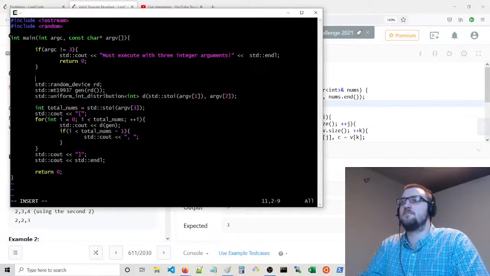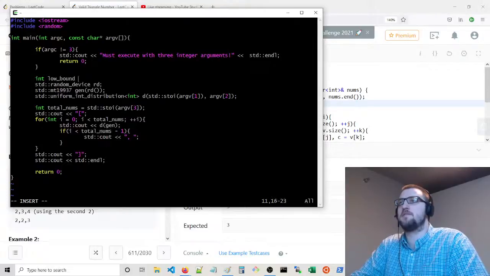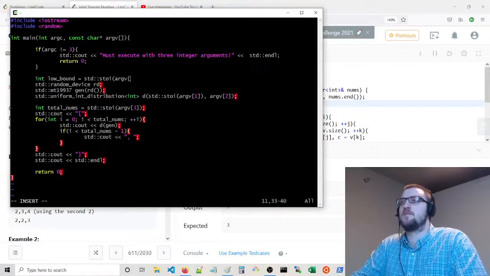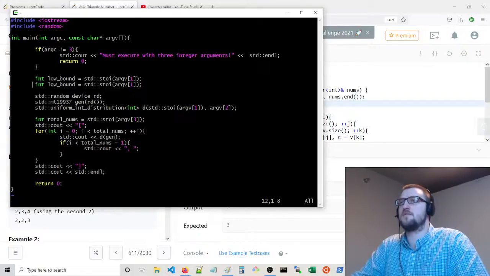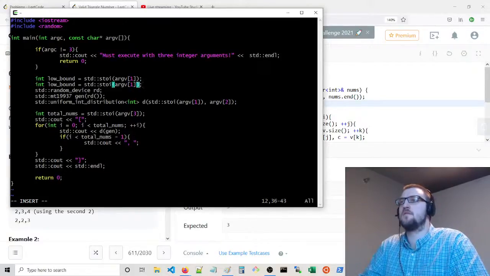We can do low bound, and upper bound or high bound.